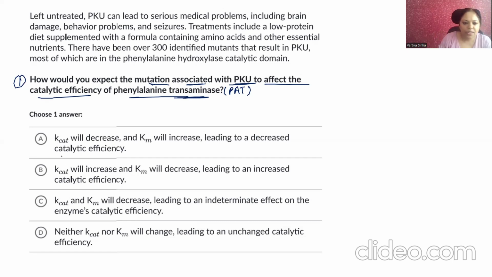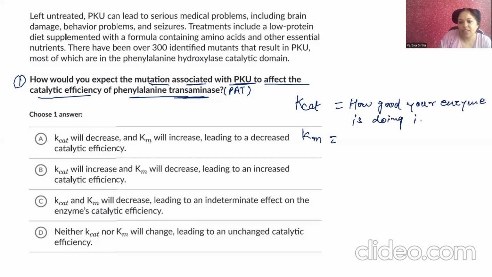Because all the options contain Km and Kcat, I'm going to explain the meaning of Kcat in my own simple words. Kcat means how good your enzyme is doing its job, isn't it?